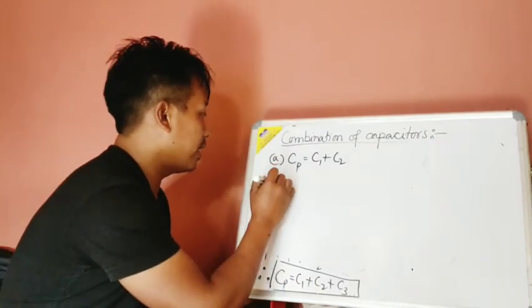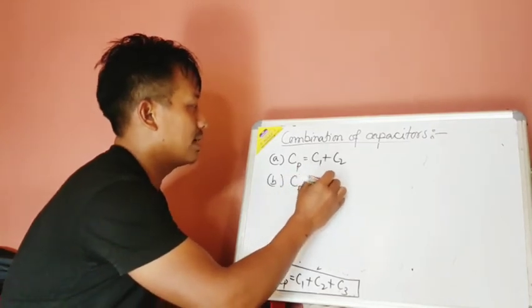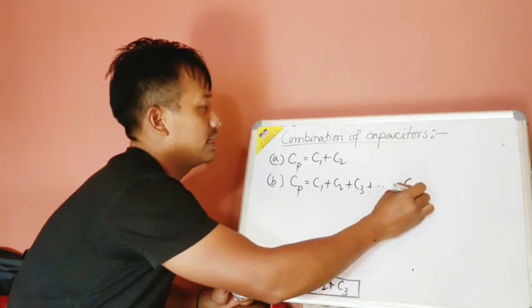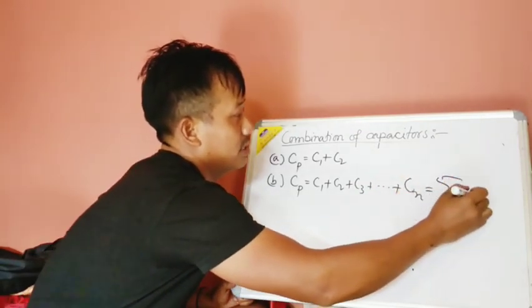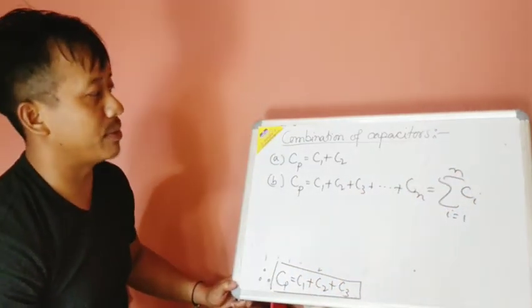Then when you have n number of capacitors, this will be how much? C1 plus C2 plus C3 up to Cn, or the summation of Ci, with i going from 1 to n. This is in terms of summation.